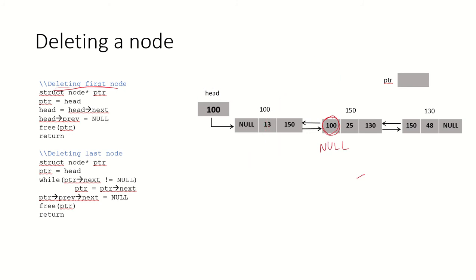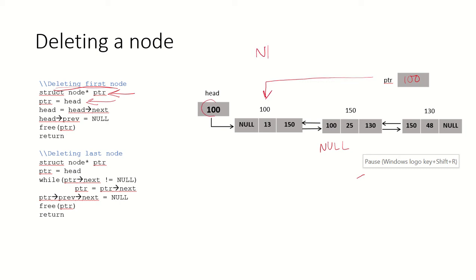Let us see how we will take care of these changes. First of all, we have a node pointer PTR which will help us traverse the list. We will initialize it to head, and so this pointer PTR is pointing to the first node N1.